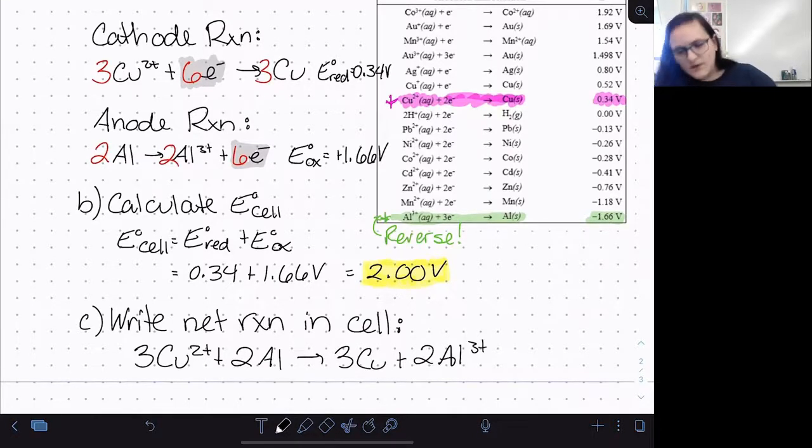So I want to talk a little bit about what the setup for these cells actually looks like. So again, we're going to be looking at a very lab-oriented setup. An actual battery has the same parts and pieces, just the physical shape of it is very different.